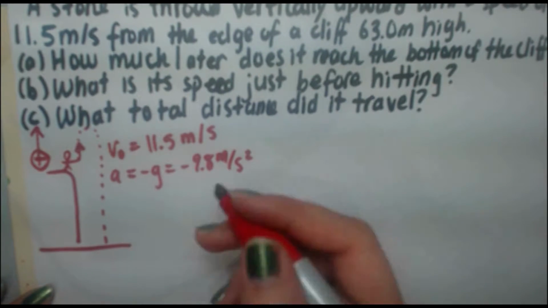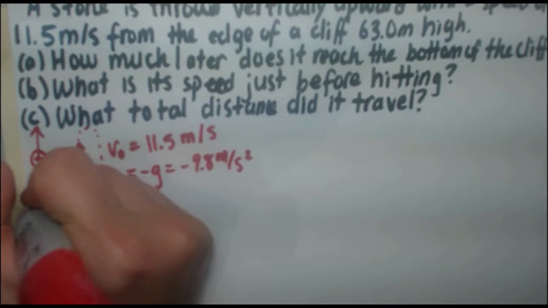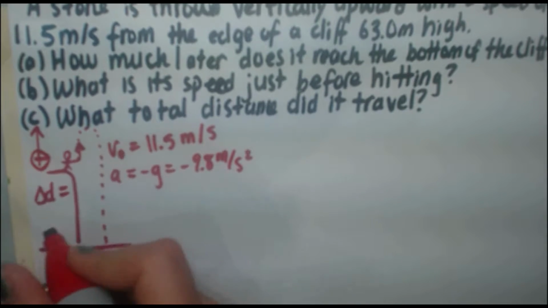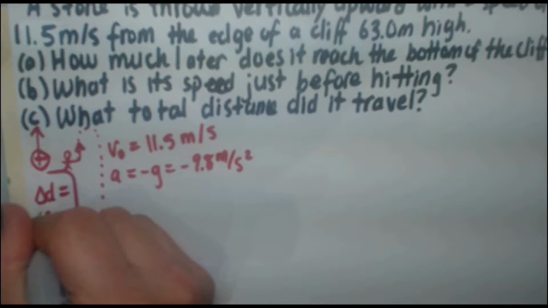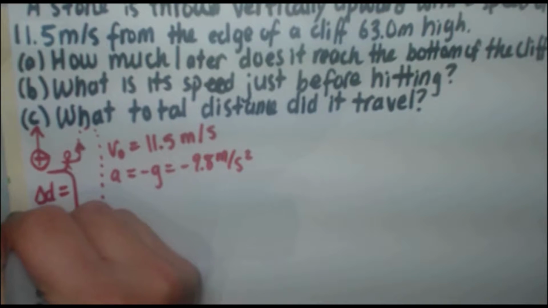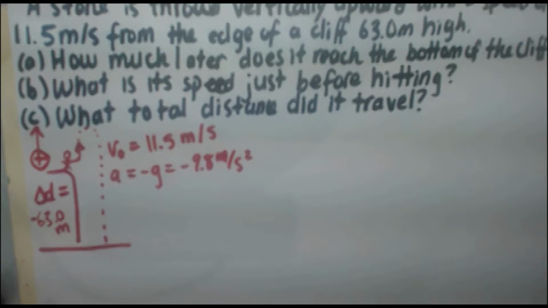So I'm going to say that delta D, the displacement, equals minus 63.0 meters. Be really careful with that, because if you put positive, it's not getting displaced upwards, it's getting displaced downwards.